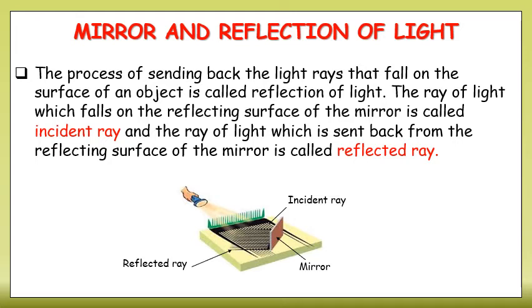Now, in the given picture, you can observe that the light rays which were coming straight from the comb, that are the incident rays, are reflected by the mirror also in a straight line. Okay?